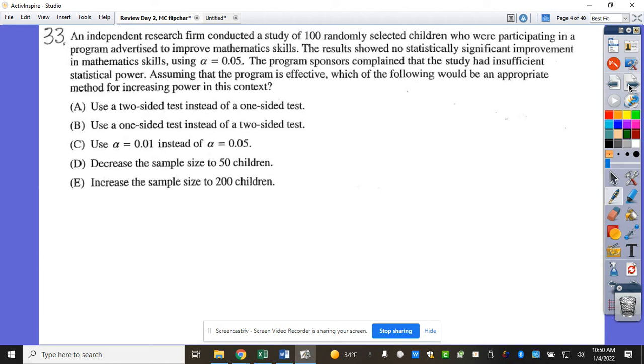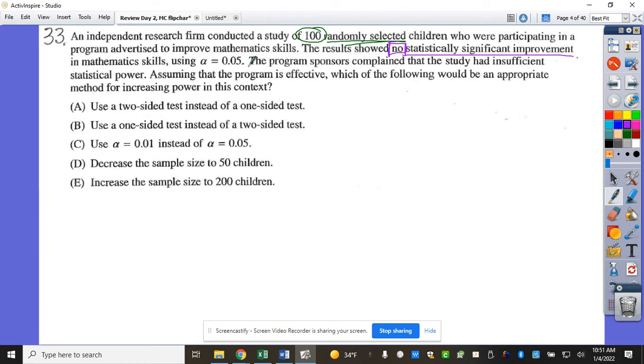An independent research firm conducted a study of 100 randomly selected children who were participating in a program advertised to improve mathematics skills. Results showed no statistically significant improvement using alpha equals 0.05.